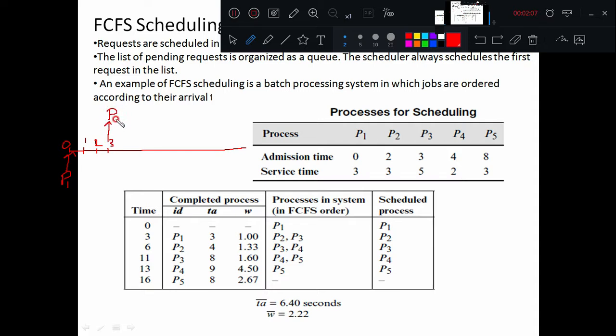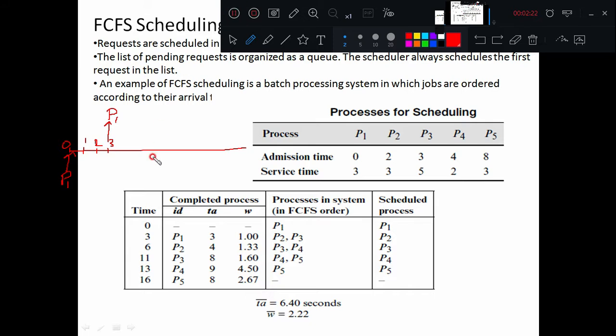At 3, process P1 is removed from memory, or the CPU allocated to that process is released, and it will be allocated to some other process.